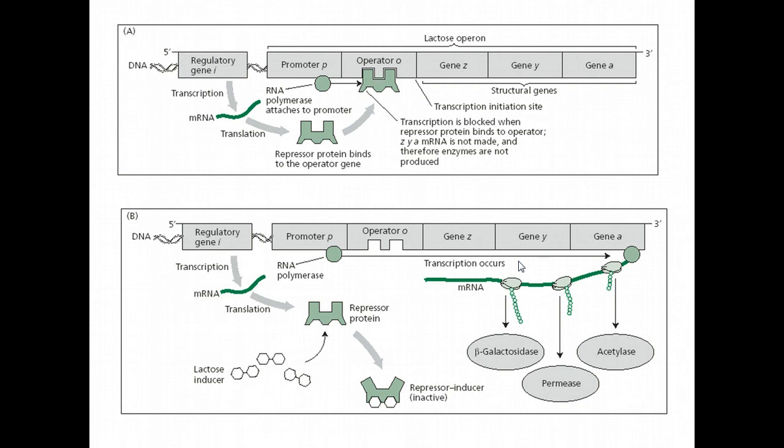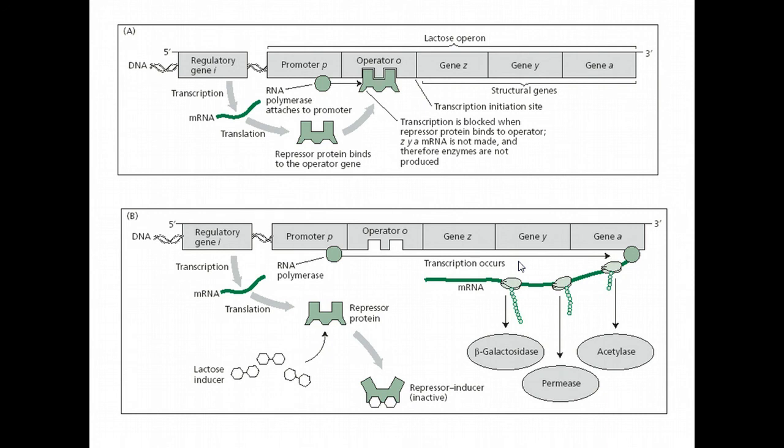So at any given time, you've got the RNA polymerase binding to the promoter of transcription. And in the top panel, it hits the repressor and falls off. It can't move anymore. Then in the bottom panel, we've added lactose.